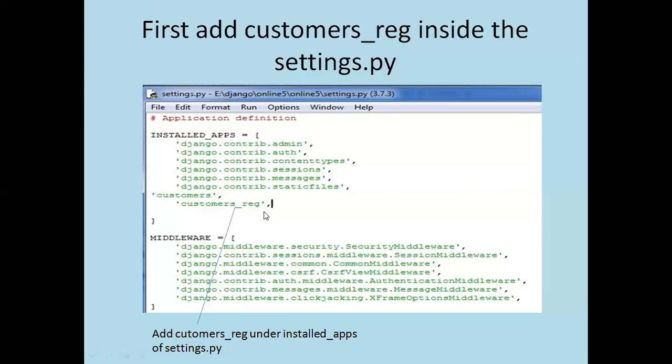You have to do that in your command prompt before you add it here. Otherwise, you'll not be able to find it, or it will give an error. After you add customers underscore registration, go to file and save.